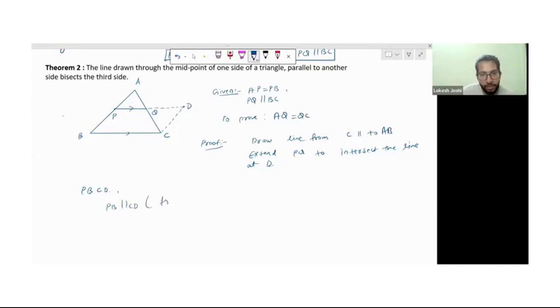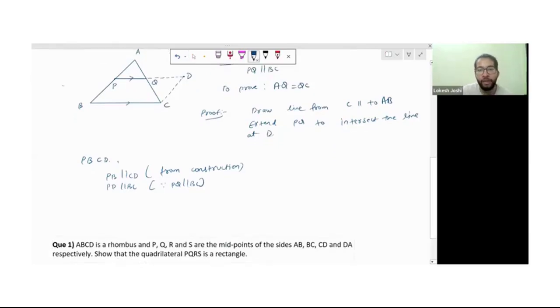From construction, we have constructed this side CD parallel to this one. Now, one thing we can say, PD is parallel to BC, because it's given in the question that PQ is parallel to BC and PD is nothing but the extended version of PQ. So this one is parallel also.